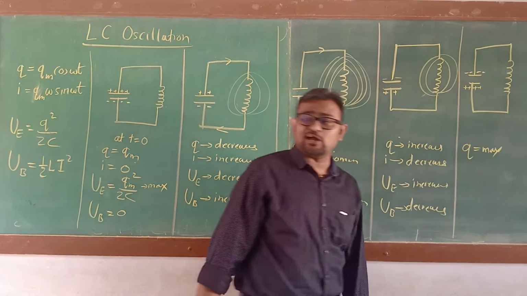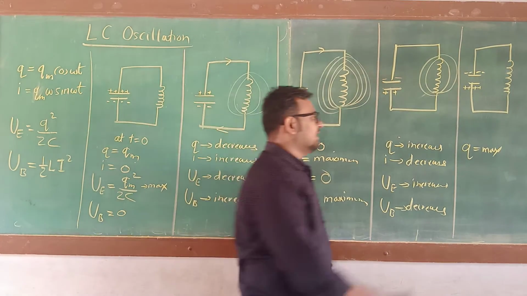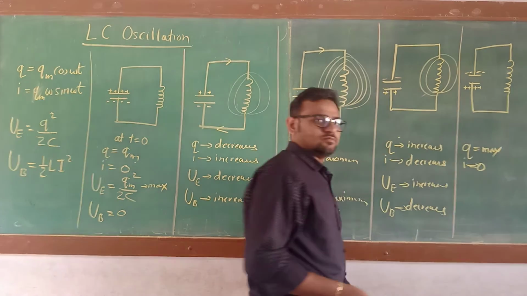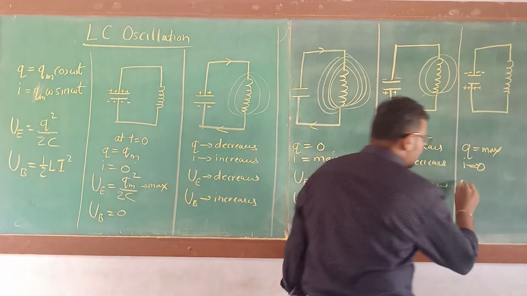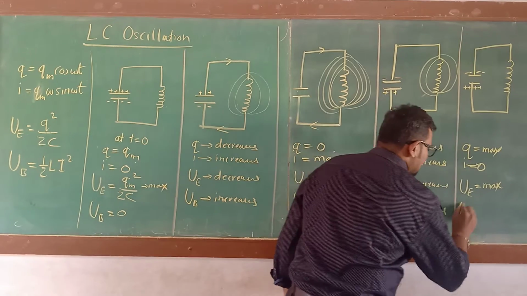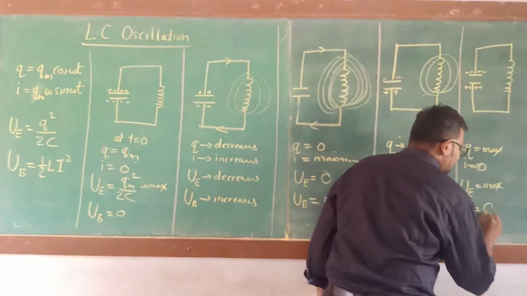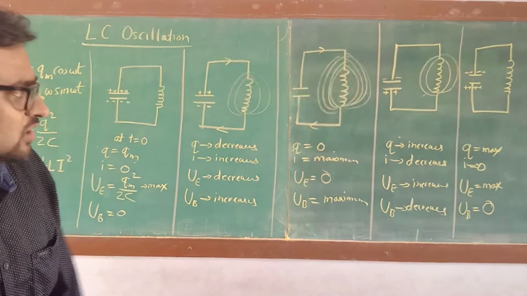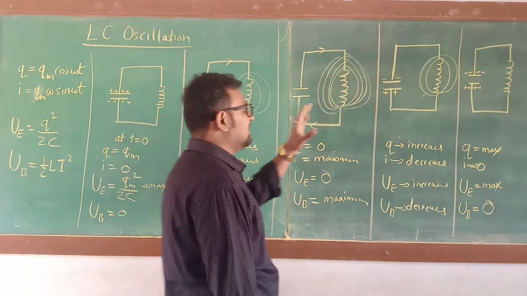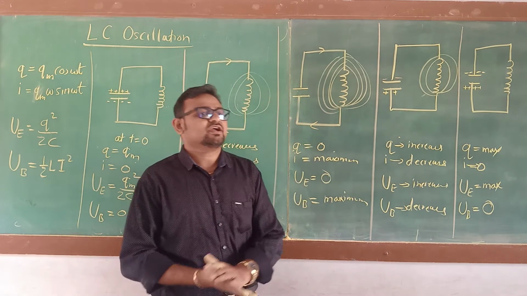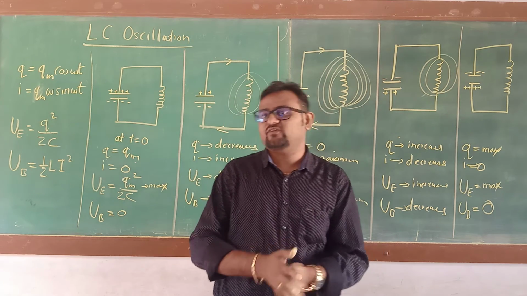The only difference is the polarity is reversed and I equal to 0. So again I will say that the energy in the form of electric field is maximum and the energy in the magnetic field in the inductor is 0. So again the total energy that was stored in the form of magnetic field in the inductor is converted to the energy in the capacitor in the form of electric field.